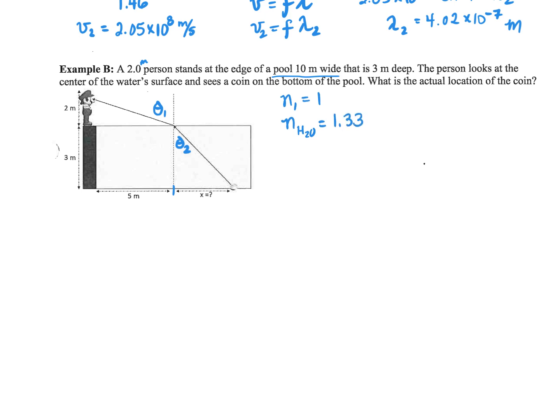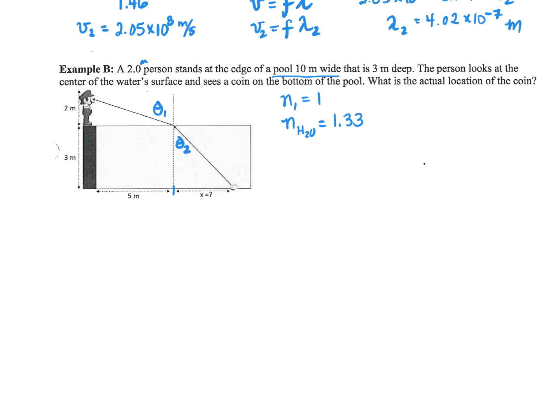In case you didn't know, that was 1. We do know that for light in water it is 1.33. So we can figure out what? First thing we've got to do is figure out what the doggone angle is he's looking in at, don't we? Okay.